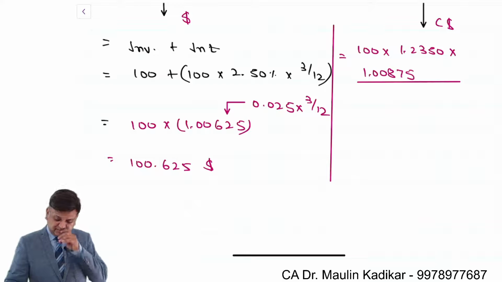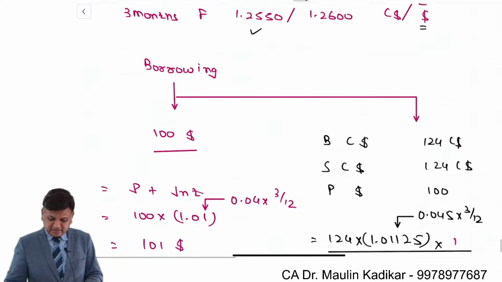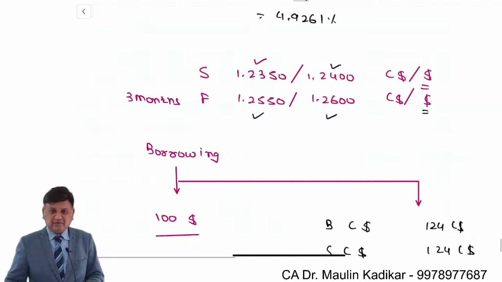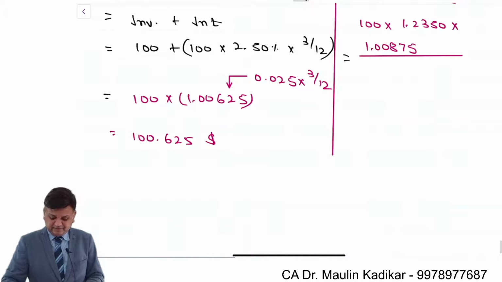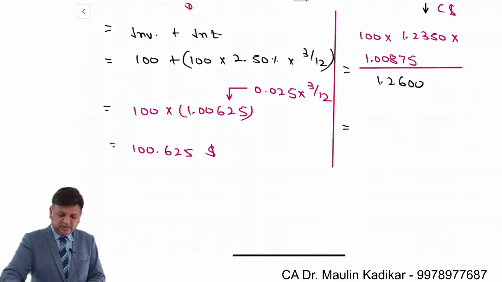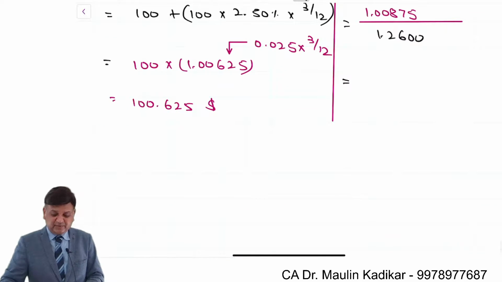Now at the end of the 3 months, you will convert the Canadian dollar into dollar. So sell of Canadian dollar, purchase of dollar. This is the forward rate, so the higher rate is applicable. So 100 into 1.235 into 1.00875 divided by 1.26 comes to $98.87.